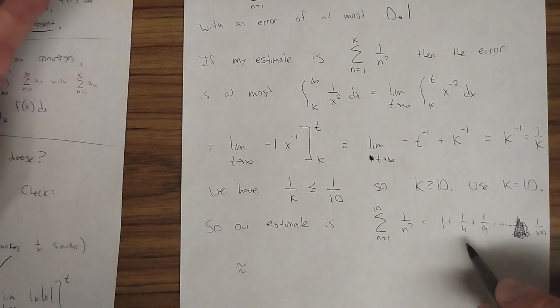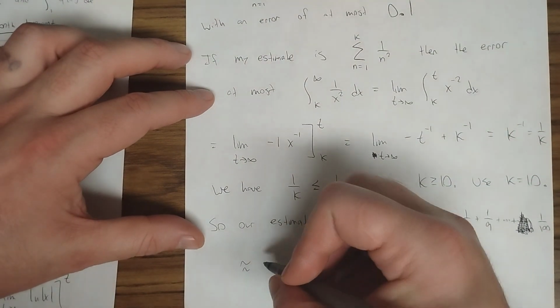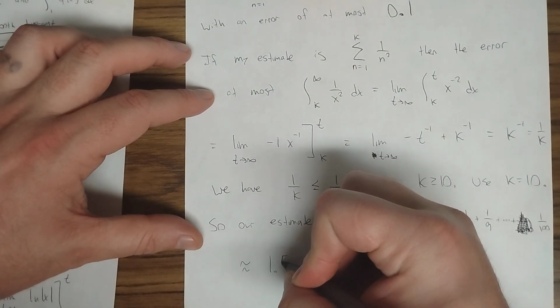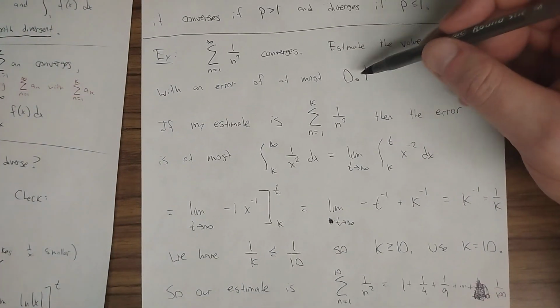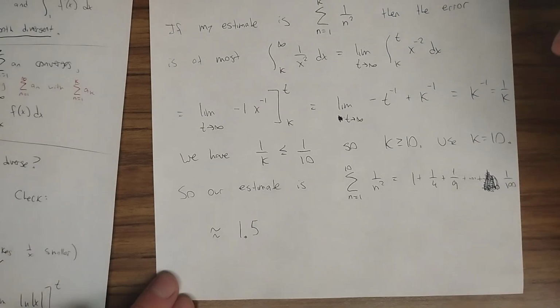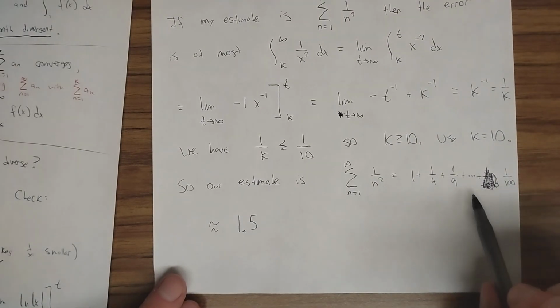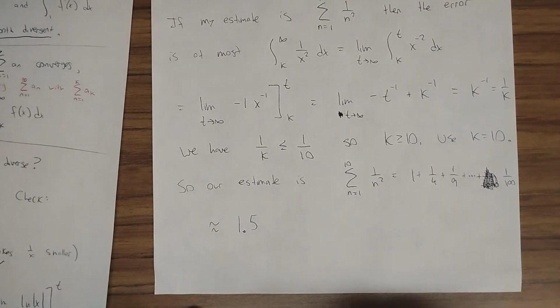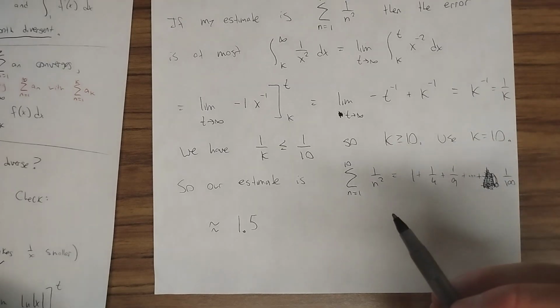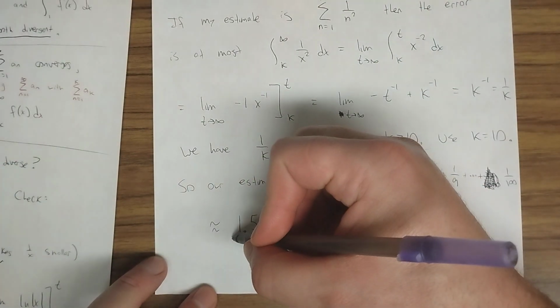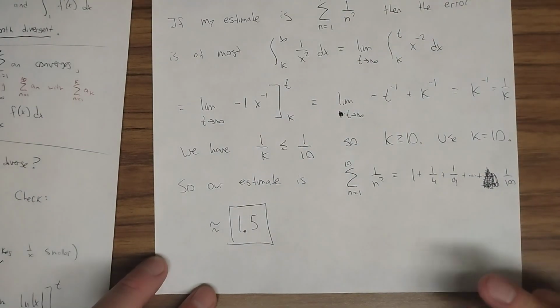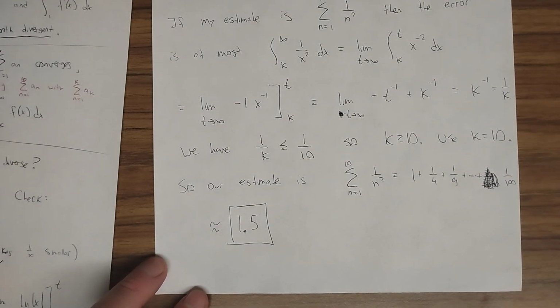You don't want to really do this by hand. This is about 1.5, and I rounded off to 1 decimal because we only know that this is accurate to within 0.1. In fact, if I do the infinite series, it's about 1.6, so indeed we are off by about 0.1. But anyway, that's how to use the integral test to estimate a series.